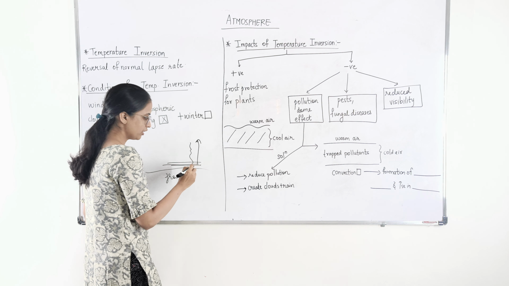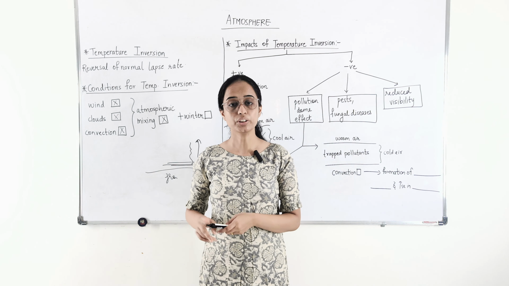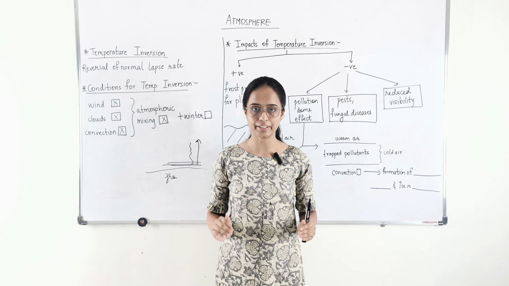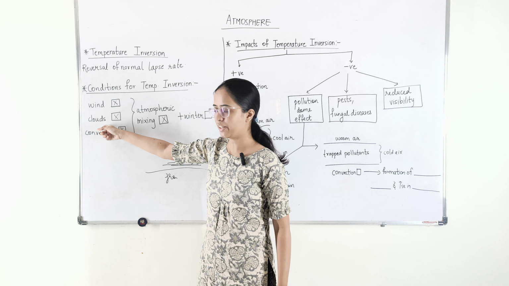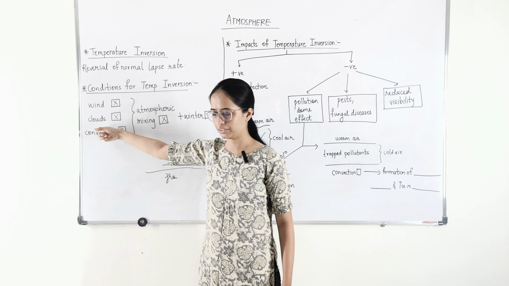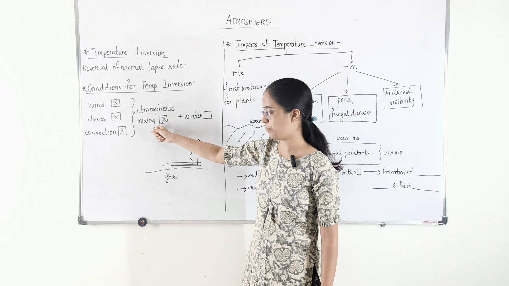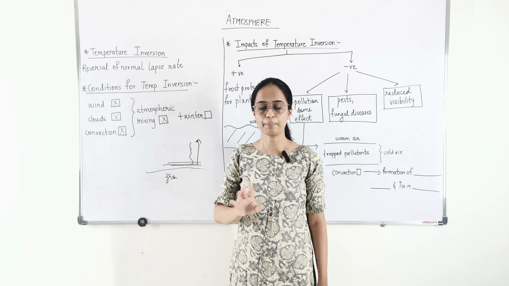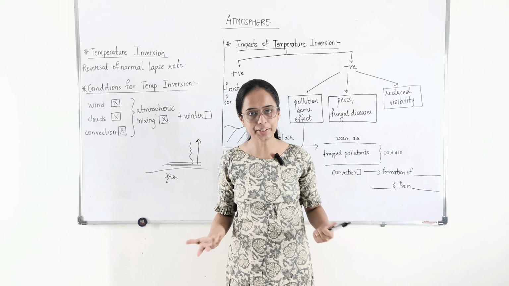When the warmer air travels up, it is nothing but convection. So this should also not happen. The air mass should stay wherever it is. Now when there is no wind, no clouds, that is when there are calm and clear conditions with no convection, this leads to no atmospheric mixing. Here atmospheric mixing is not happening at all.